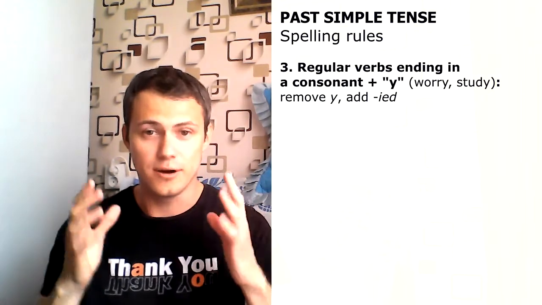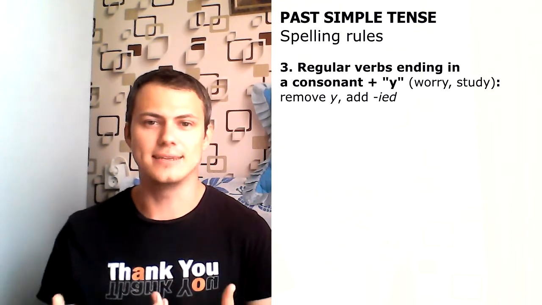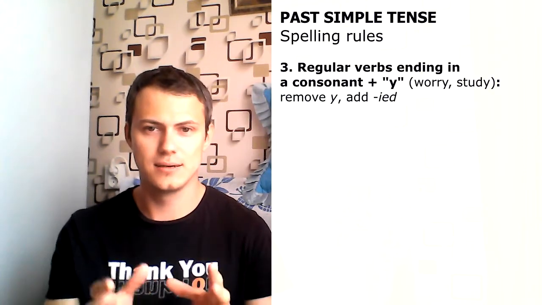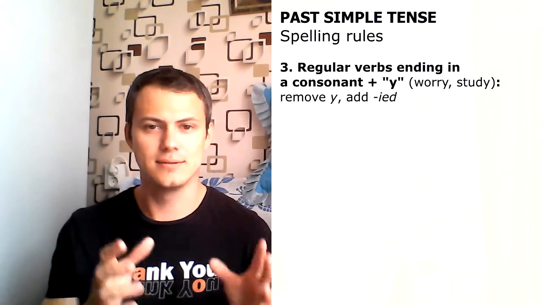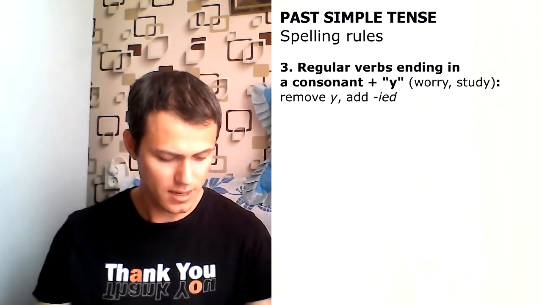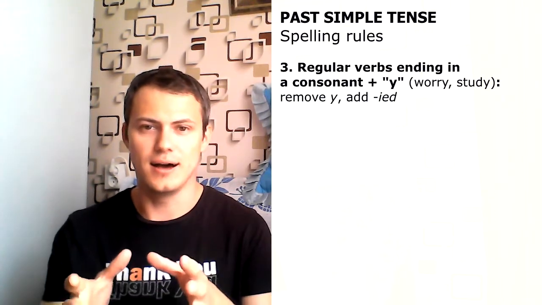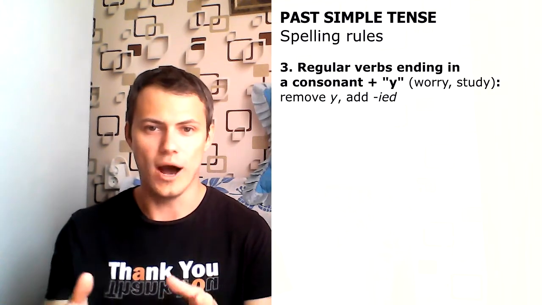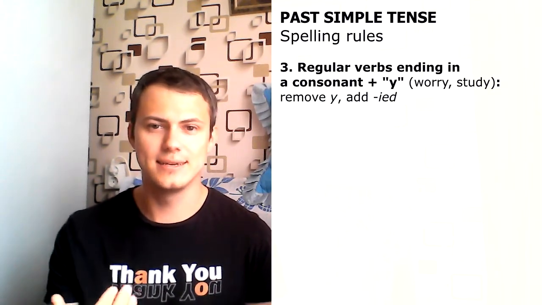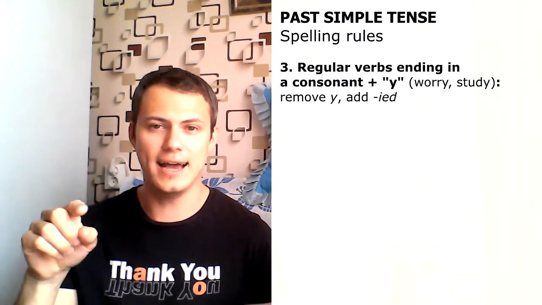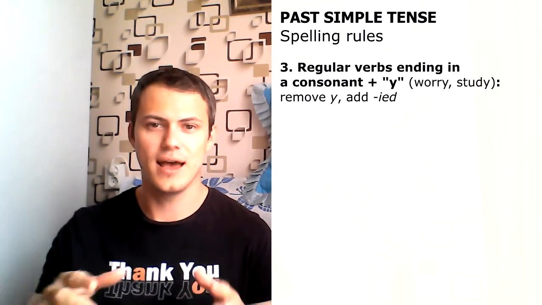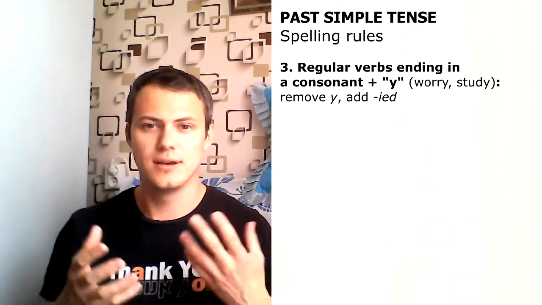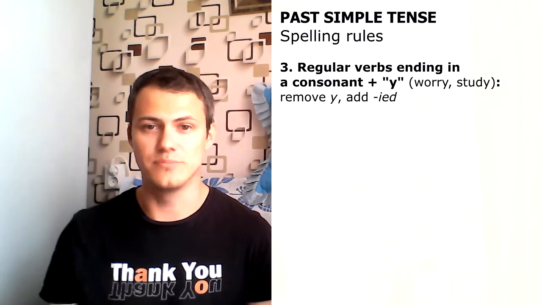For regular verbs ending in a consonant plus y, we should delete the last letter y and add the ending ied at the end of the verb to transform it into the past simple form.